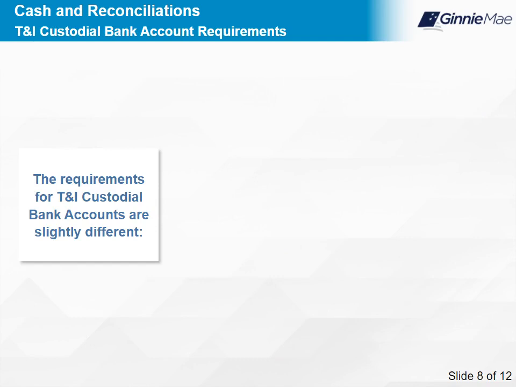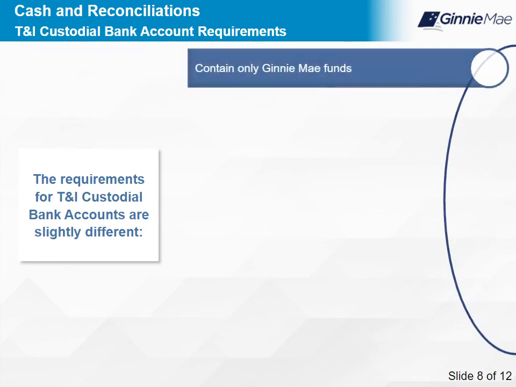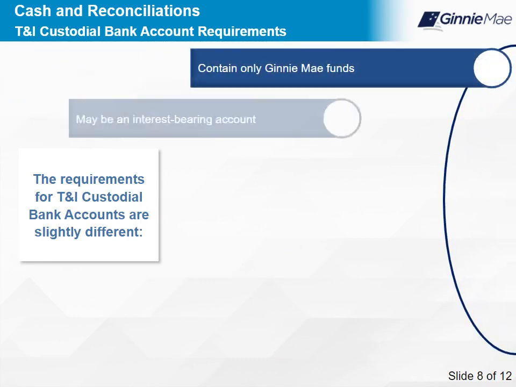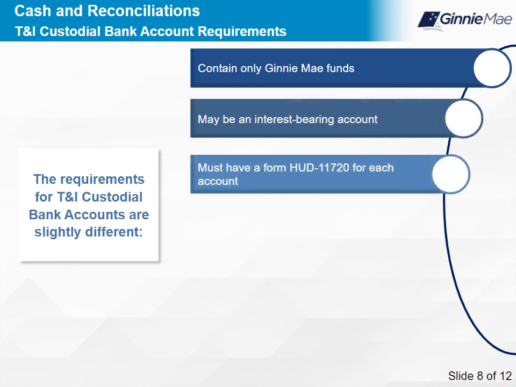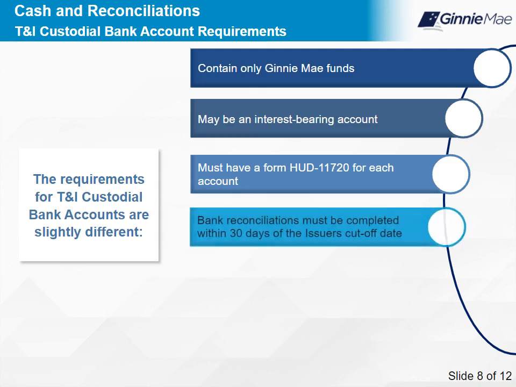The requirements for T&I custodial bank accounts are slightly different as follows. Contain only Ginnie Mae funds. May be an interest-bearing account. Must have a Form HUD 11720 for each account. Bank reconciliations must be completed within 30 days of the issuer's cutoff date.